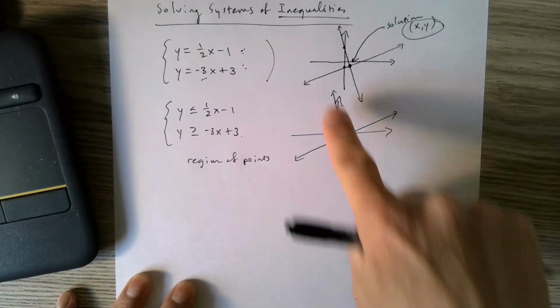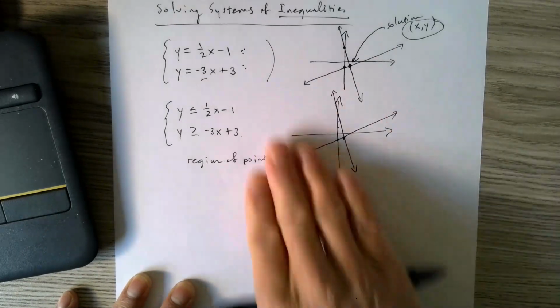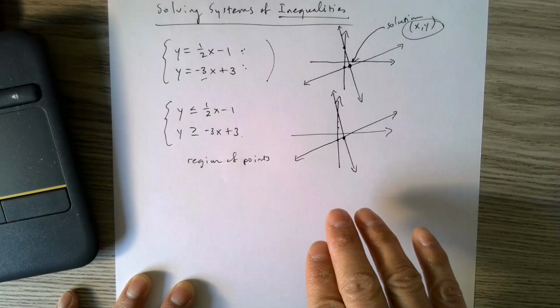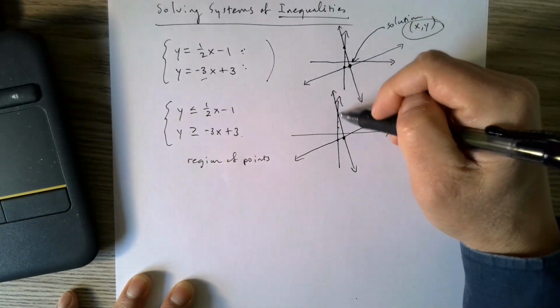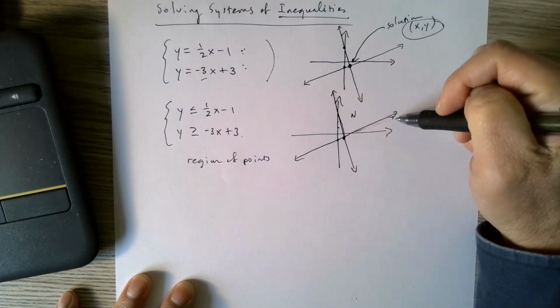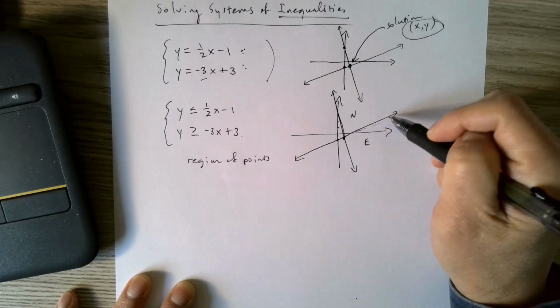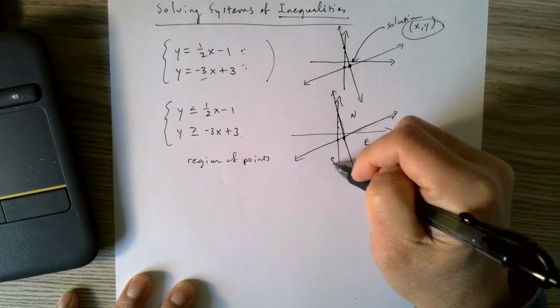If you look at the two lines, they have now separated this space into 4 regions. I'm going to call this the northern region, the one that is bordered by these two lines, these two rays. I'm going to call this east. This is the region bordered by these two. This is south.